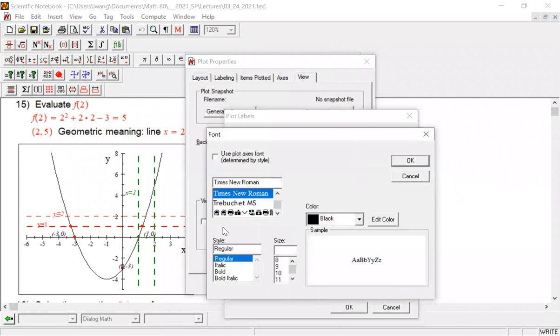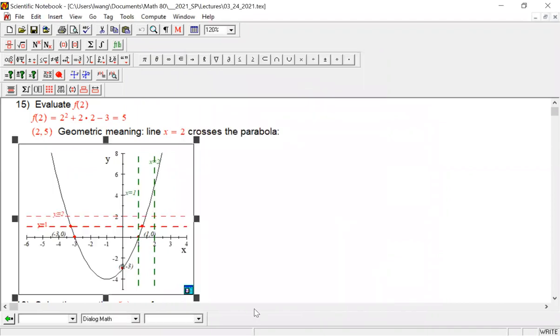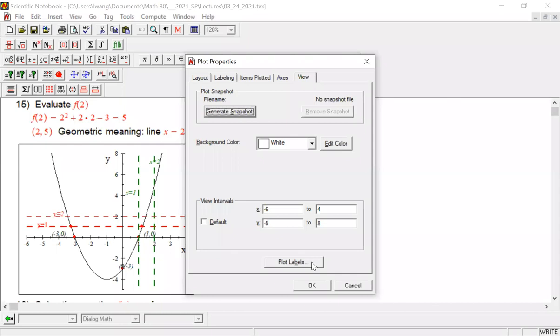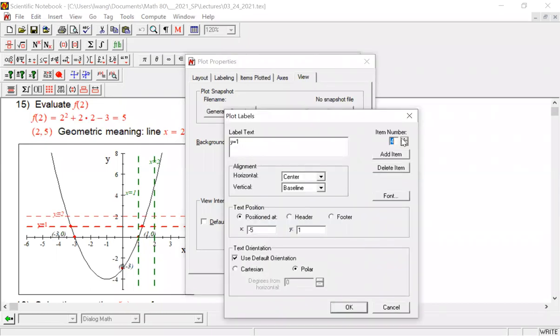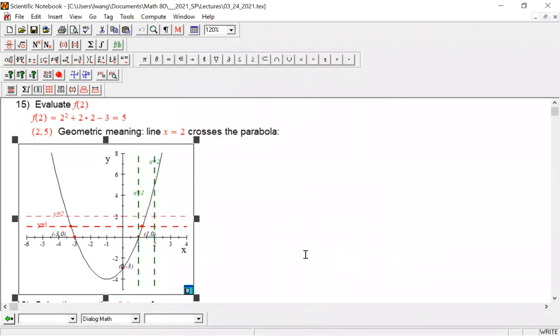The font is going to be green. We want those to be there permanently instead of sometimes disappearing. For x equals 1, I'm going to move it a little bit to the center. Is that better, everybody?